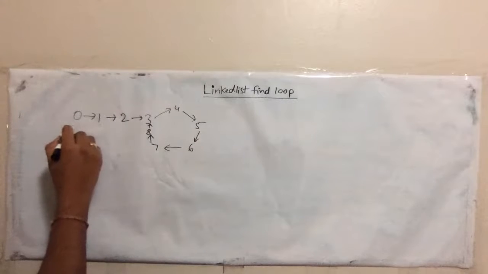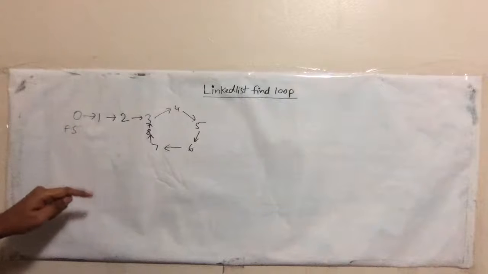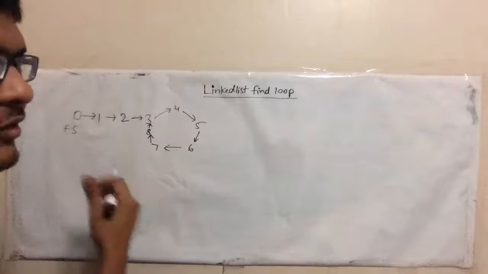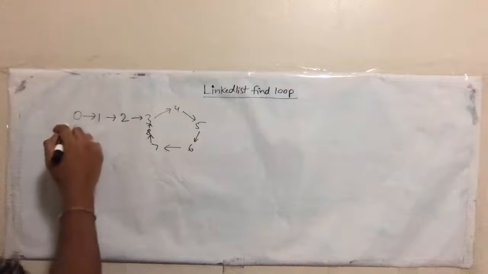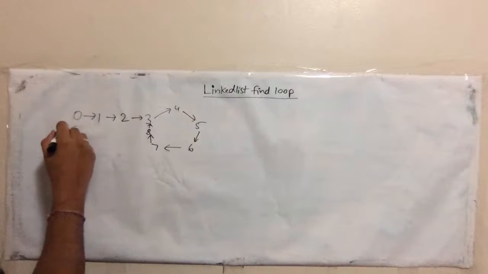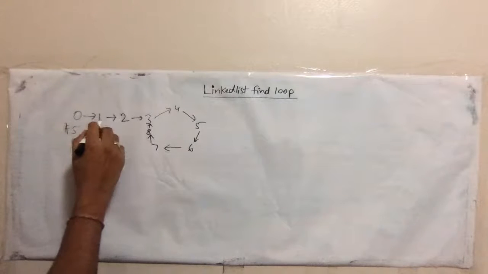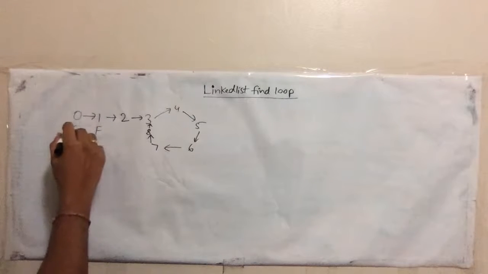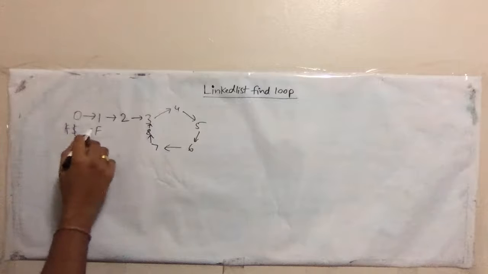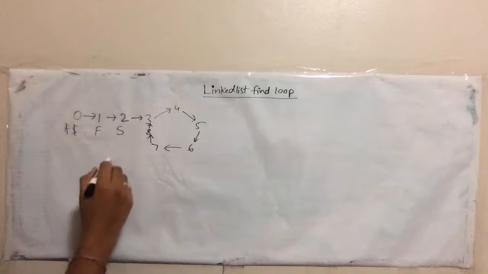This is first and second. Move first by one step, move second by two steps. We will derive something out of this. So we started moving the first pointer here by one step, second by two steps. From here to this is one, this is two, so second will go here.